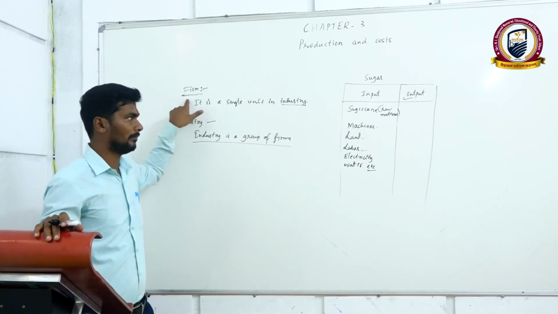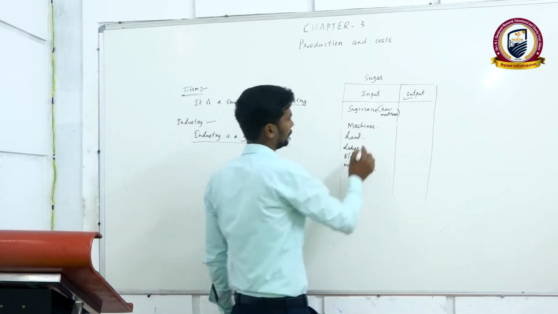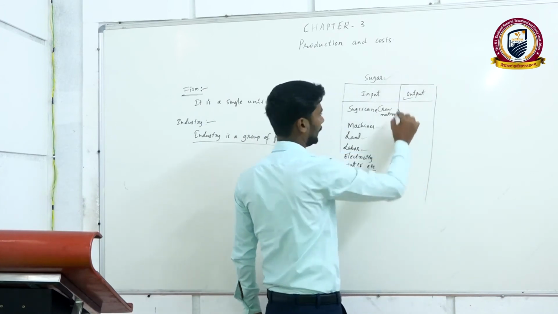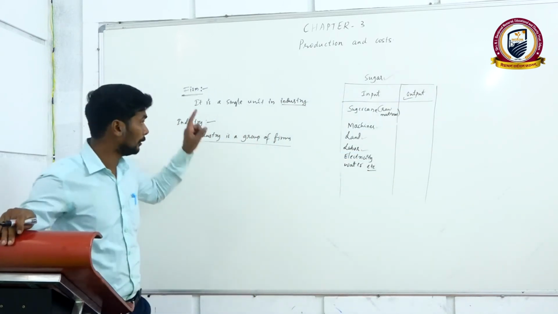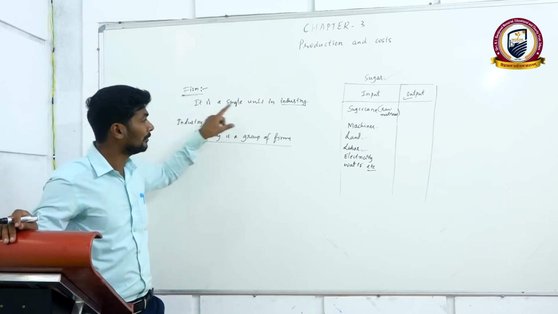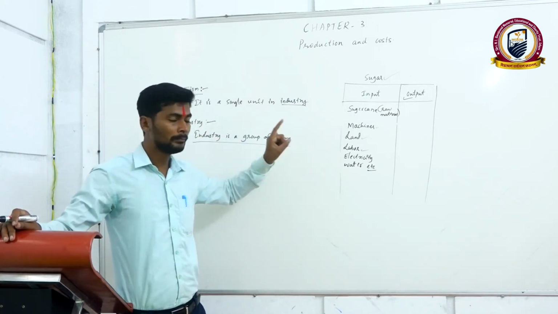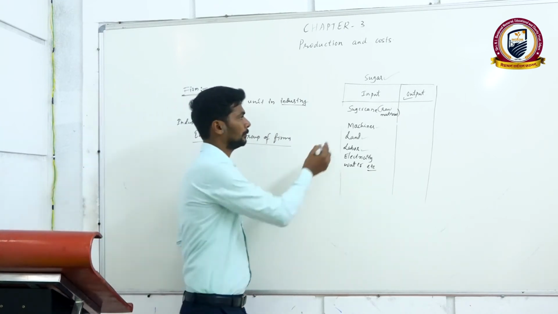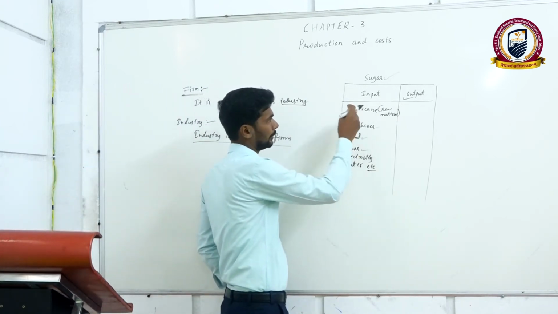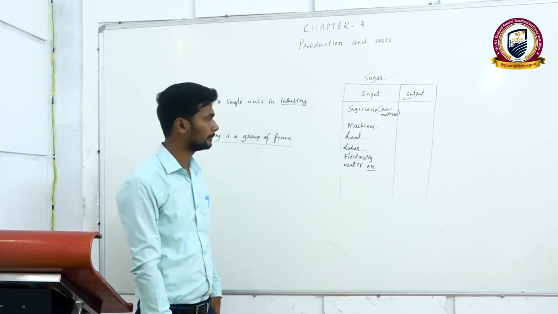A firm will take the responsibility of producing sugar, that is output. And in order to produce sugar, a firm will use these inputs.